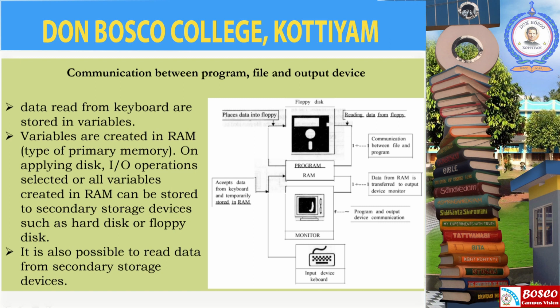In order to store the data permanently, we transfer the data and place it into a secondary storage device. And to perform any operations on this data, we retrieve the data from the secondary storage and pass it to the RAM in the CPU. Once the operation is performed, the output is transferred to an output device, and this is how communication takes place when a program is executed.